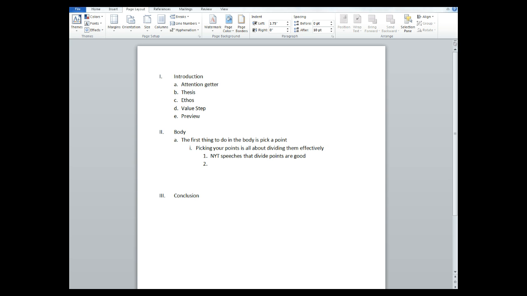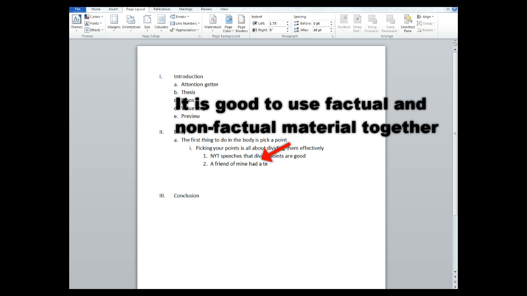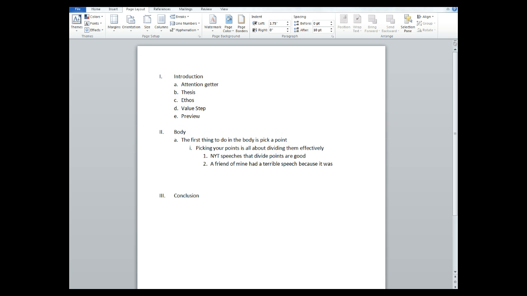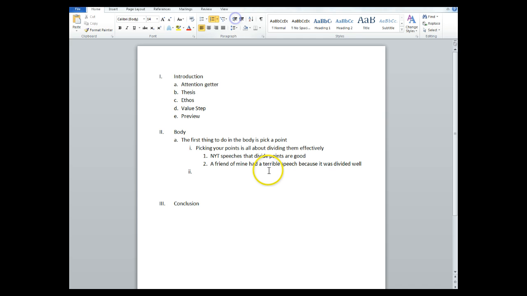And then I could probably do a non-factual example. I'll do: a friend of mine had a terrible speech because it wasn't divided well. And then maybe I could go on to another point. So here that would just probably move over and indent.